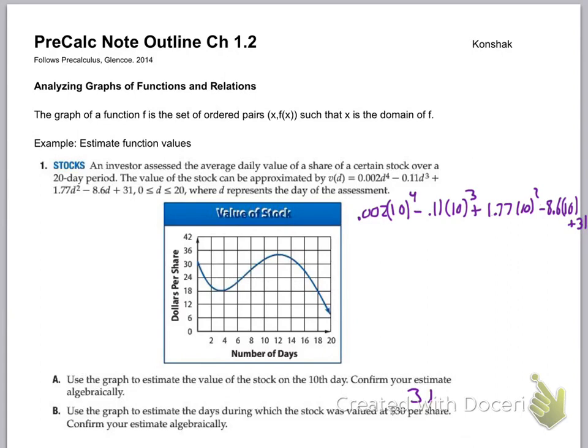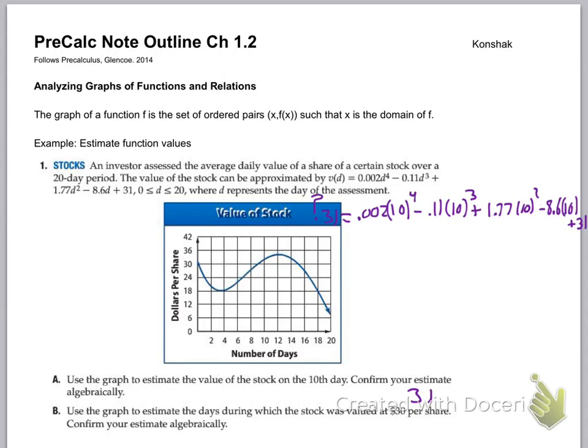Does that equal 31? So, does it equal 31? Question mark. So, I would expect you to take your calculator and start doing that. Hopefully save some people some time right now.